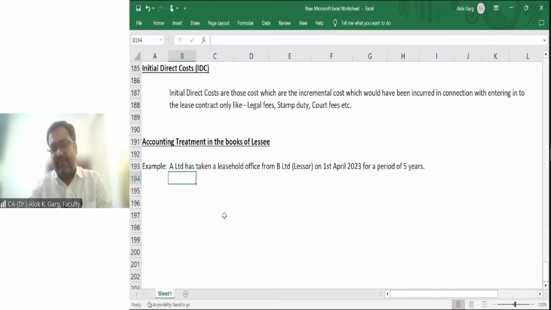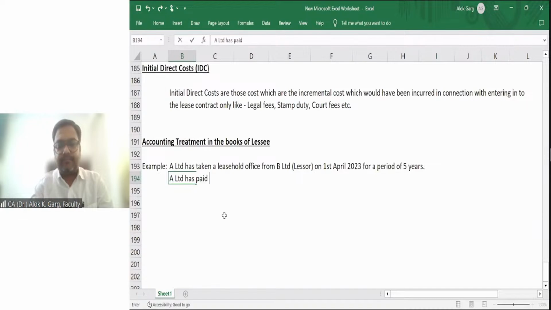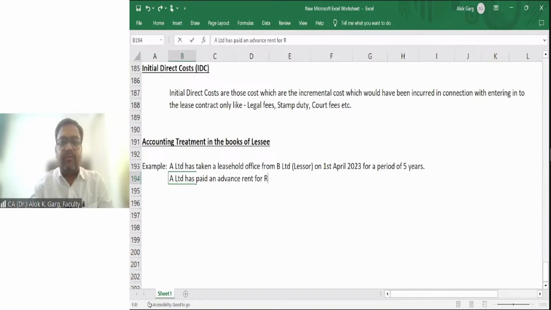Now, some more facts are given. A Limited has paid an advance rent of rupees 10,000 before 1st April 2023.